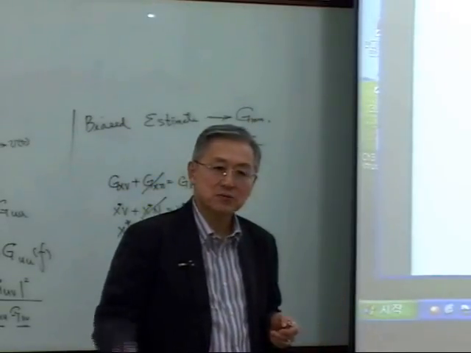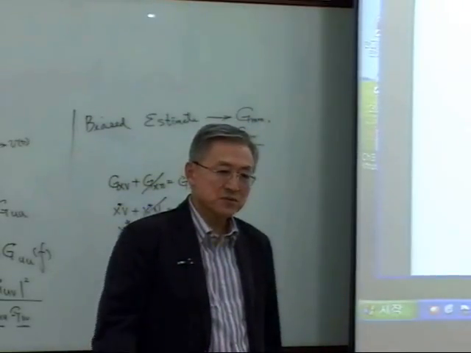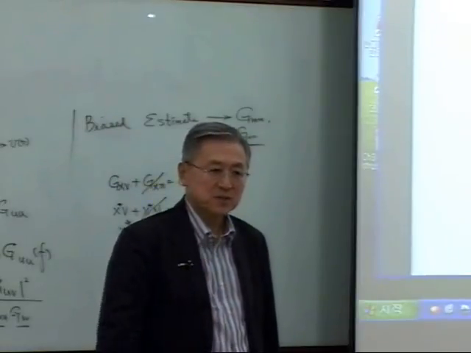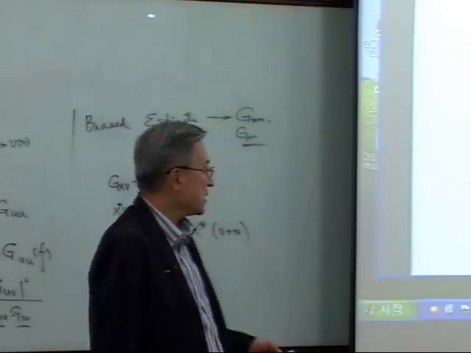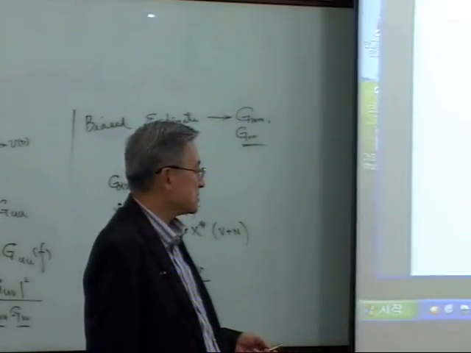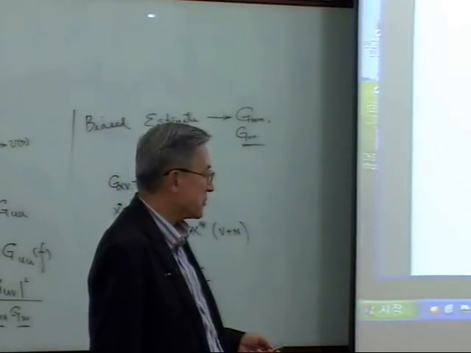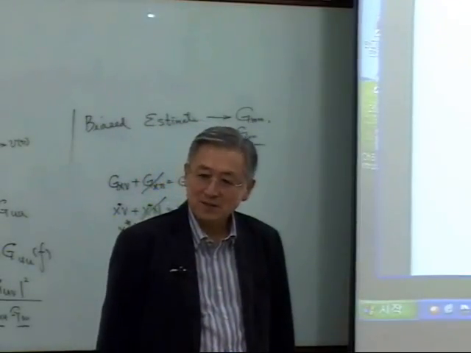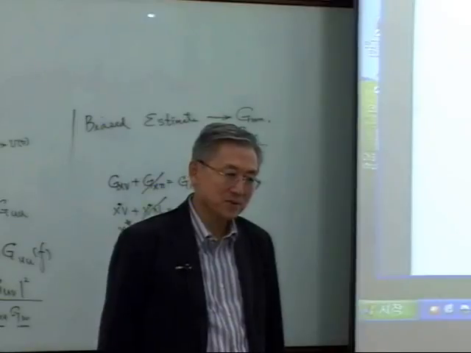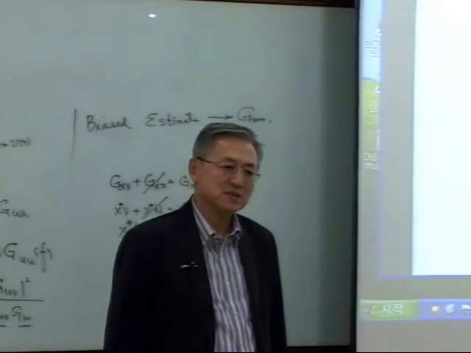Right after you finish the measurement, gamma XY squared is computable. So GVV is calculable, computable. That's very nice, isn't it?